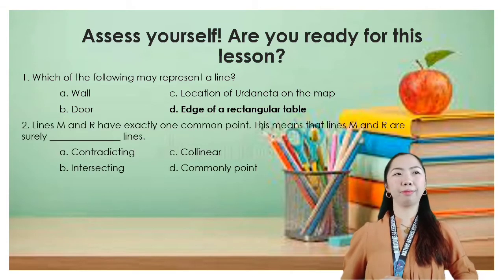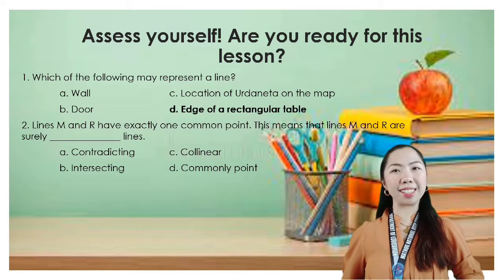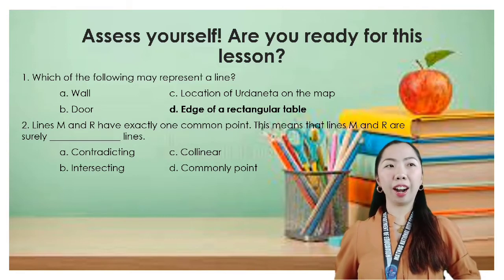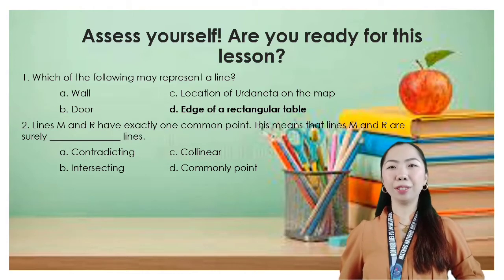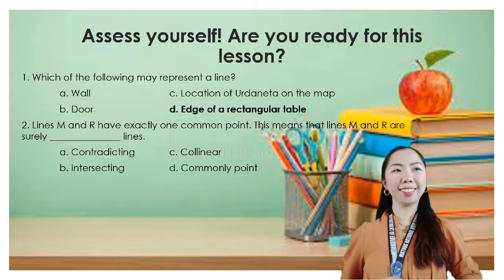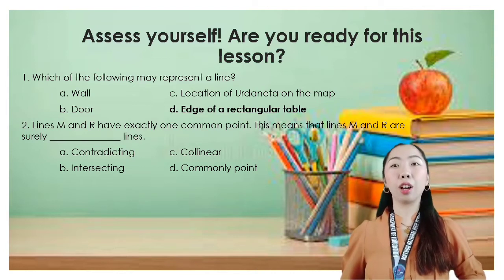Number 2. Lines M and R have exactly one common point. This means that M and R are surely blank lines. A. Contradicting. B. Intersecting. C. Collinear.